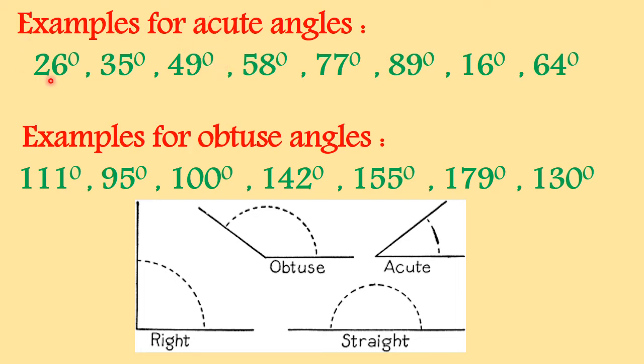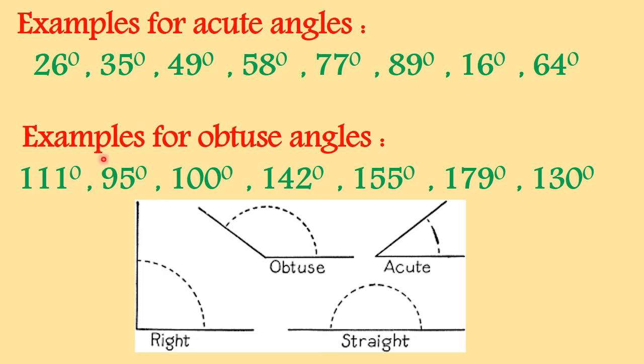Here are some examples: 26 degrees, 35 degrees, 49 degrees, 58 degrees, 77 degrees, 89 degrees, 16 degrees and 64 degrees. We can see that all these angles are greater than 0 but less than 90 degrees.